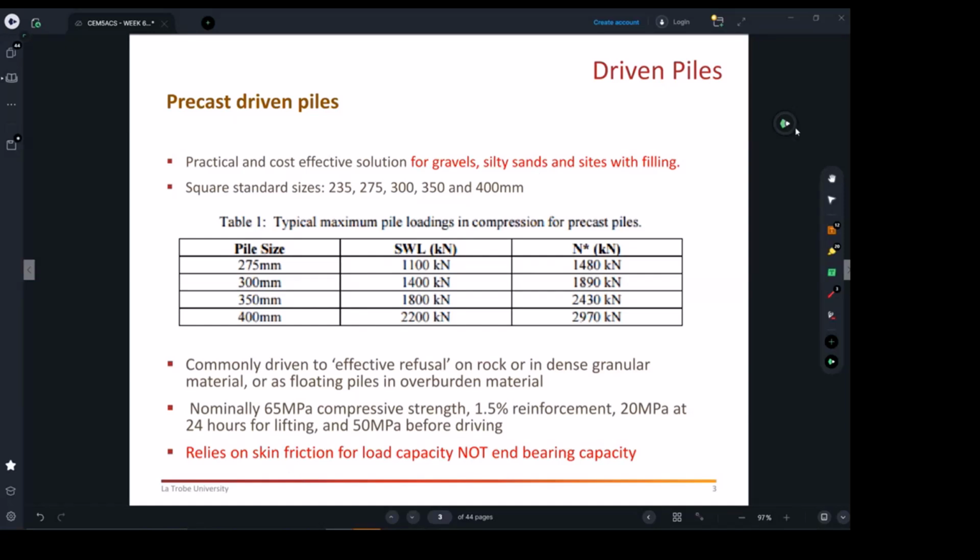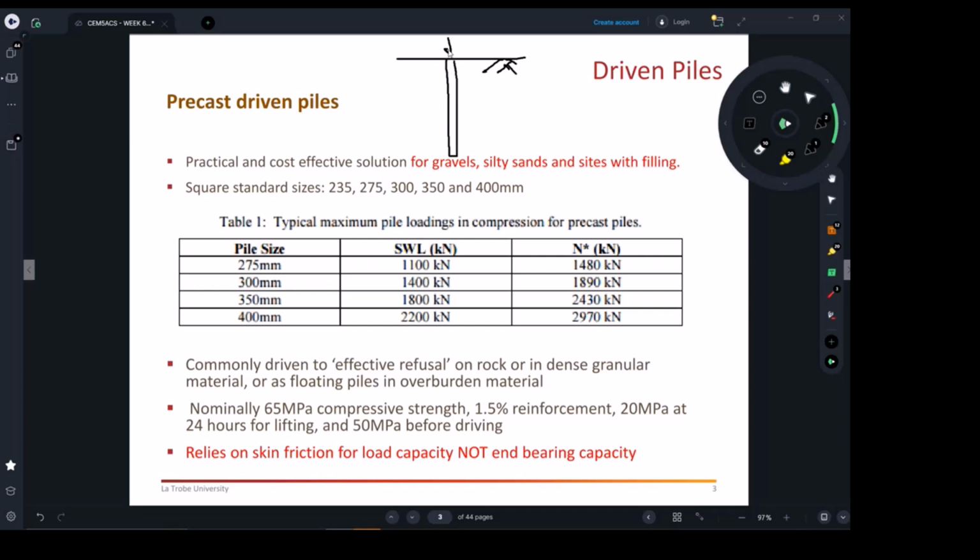Now, how does the pile really support loads, how does it support itself? This is a pile. I'm just drawing here for you a pile driven into the ground, and that's the ground. You need to understand, with piles, you've got two components to resist the load.